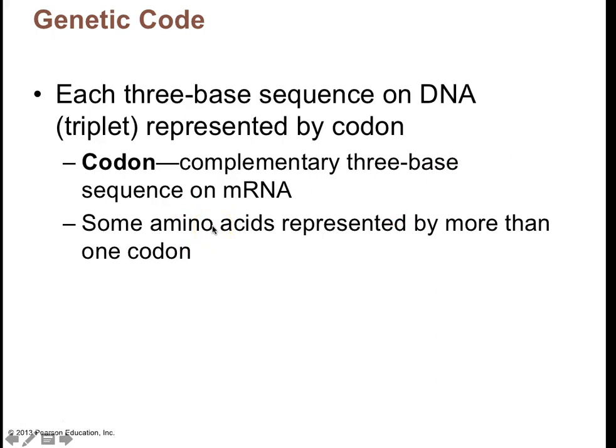In other words, you can use more than one triplet to get the same amino acid. It's like the cell hedges its bets, so to speak, so it has backups. But I just want you to know that the genetic code is a way that we have of understanding which nucleotide triplet, or codon, represents which amino acid in a protein.